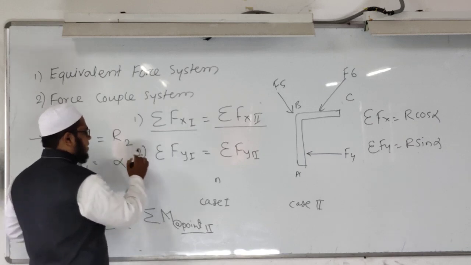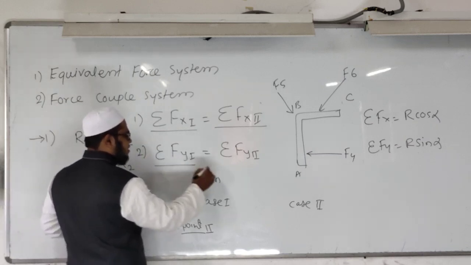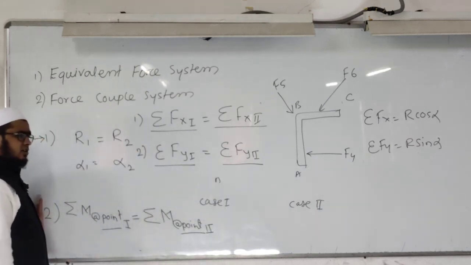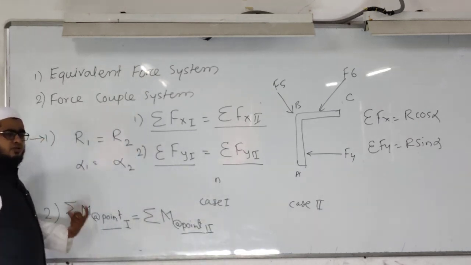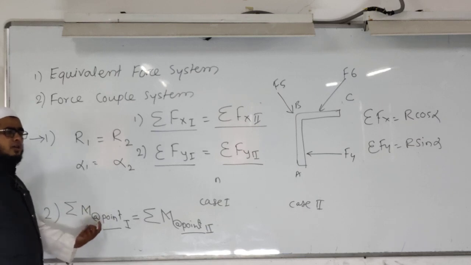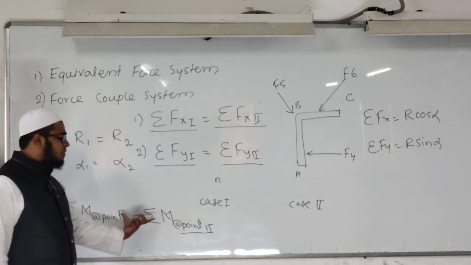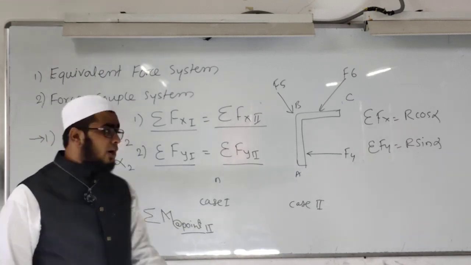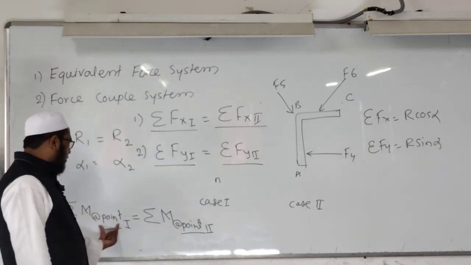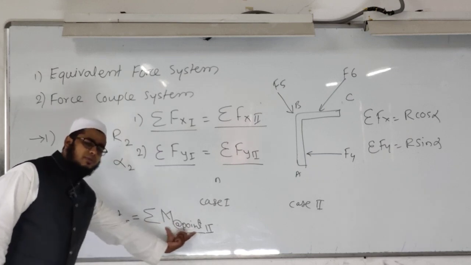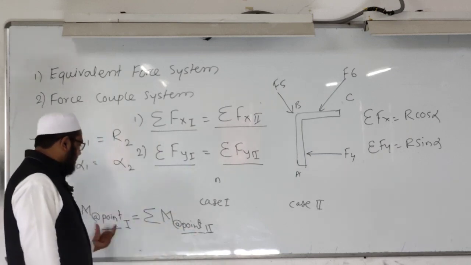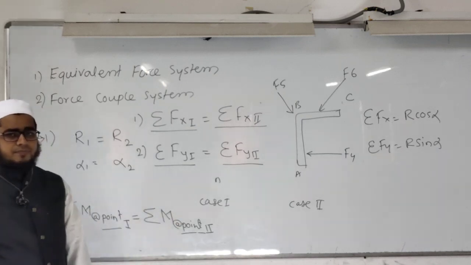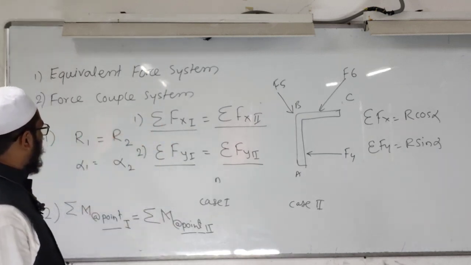Second condition, summation Fy of the first must be equal to summation Fy of the second. And third condition, the moment of the first force system about a particular point must be equal to the moment of the second force system about the same point. The point will not change. If you are considering point A, here also it must be point A. If you are considering C, then in the second case also it must be point C.